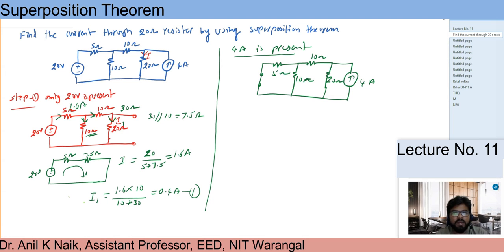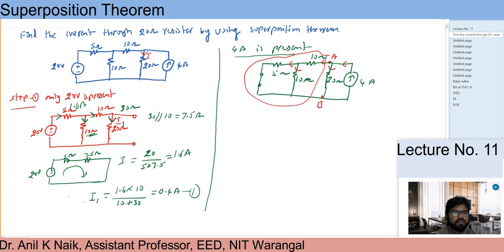Now identify the current direction, going like this, like this. Assume this is the A and B terminal. In between the AB terminal, I want to find the equivalent resistance for this network.